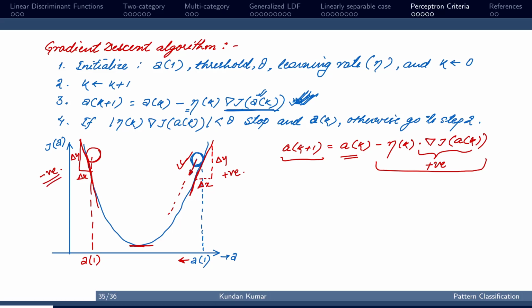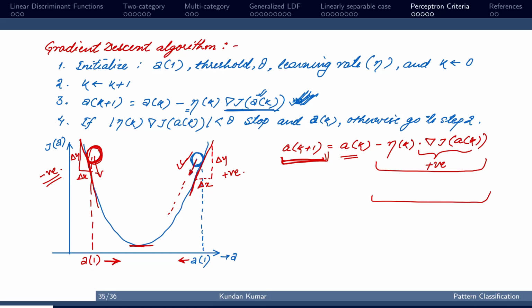So when we consider this position, the update term will become positive, and that means in the next iteration the weight will increase, so our updated weight will move in this direction.